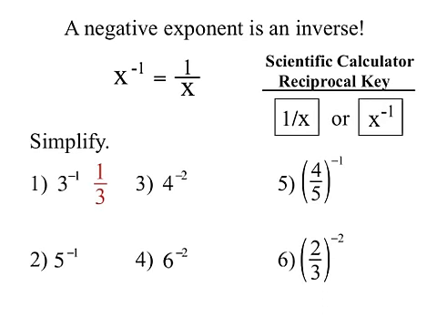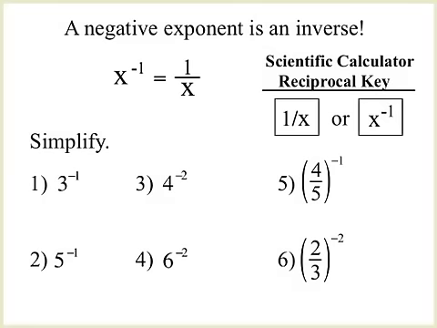Now let's look at the next one. So if I drop my 3, because that's the base, into the denominator, the negative exponent actually implies that it's a fractional amount. It's not a negative number, it's a fractional amount.